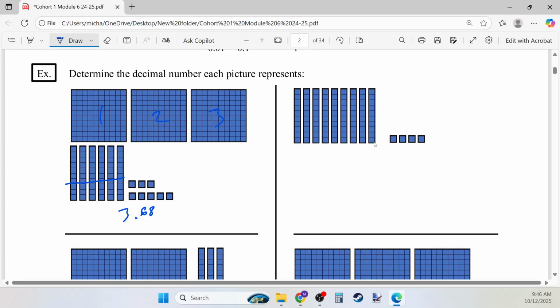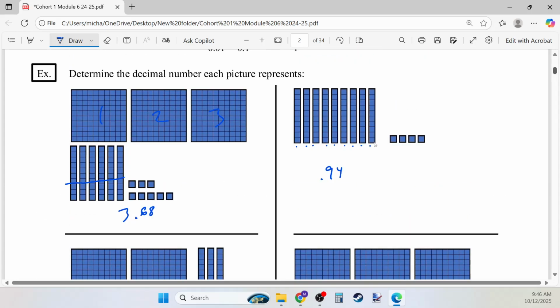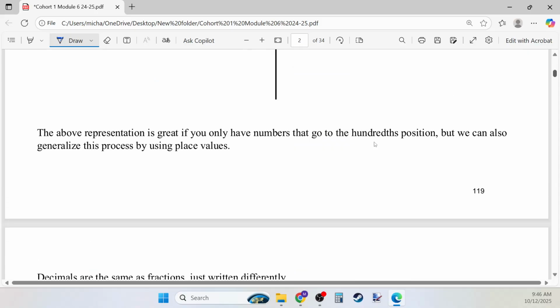Same thing here. We have no full one, and we have no full squares, but we have 9 of the little rectangles and 4 of the little squares. I think it would probably be fair to say do the other two on your own.